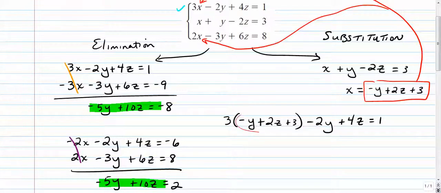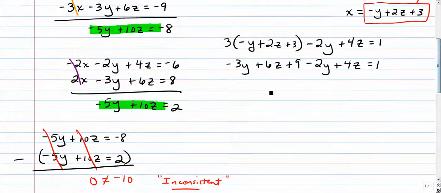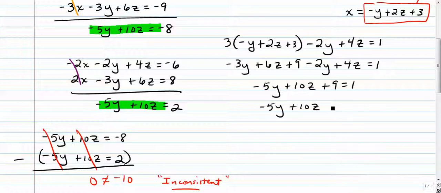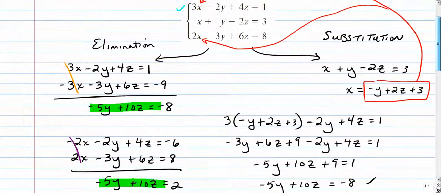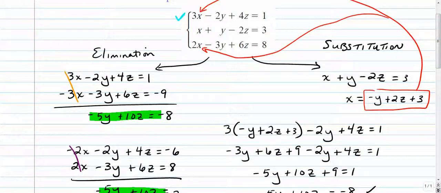Again, this was our red substitution. Just doing some arithmetic here, combining like terms, moving some stuff around, and we're done.